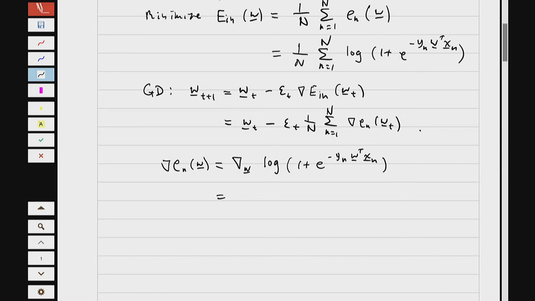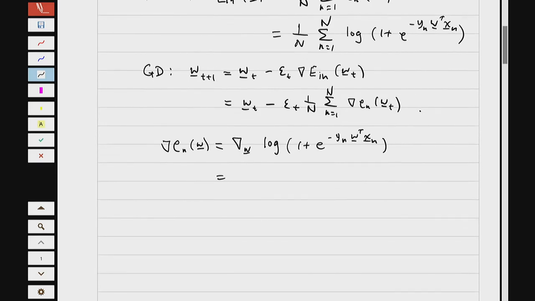If you remember your one variable derivatives, the derivative of a log is simply 1 over whatever is inside. That gets carried over to the multidimensional derivative, the gradient, as well. So this is 1 over 1 plus e to the..., whatever is inside the log.